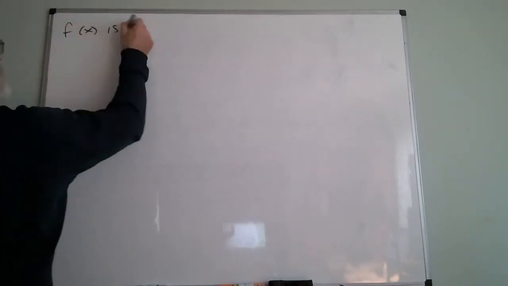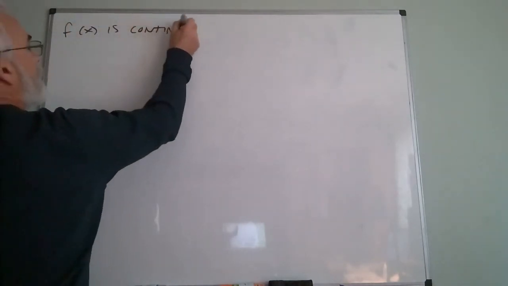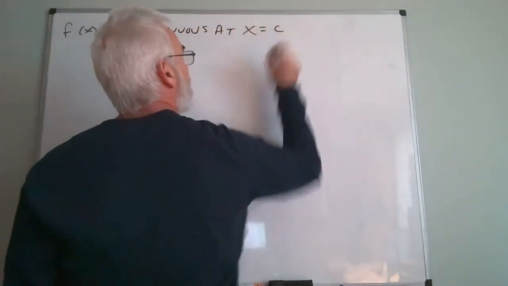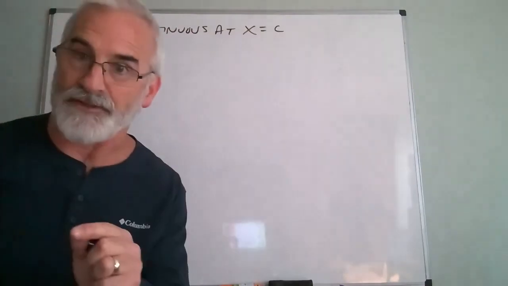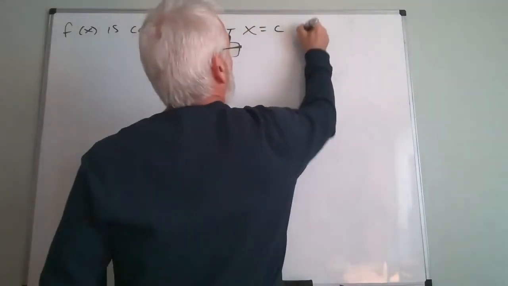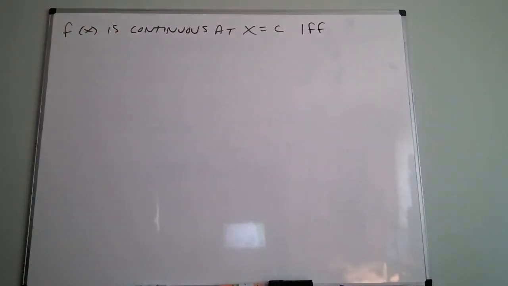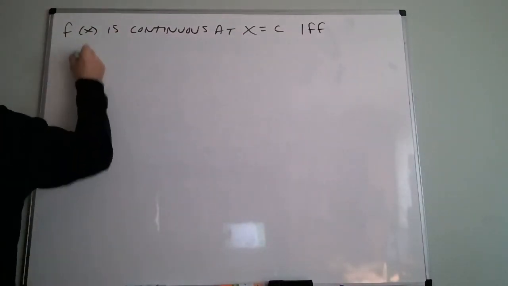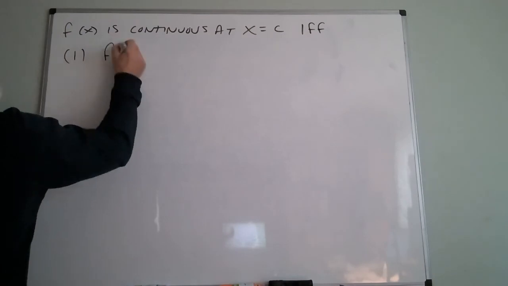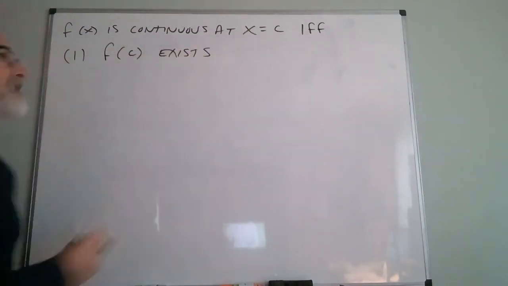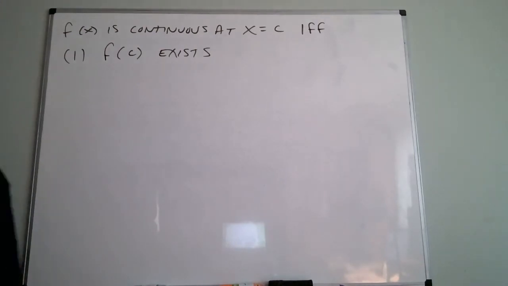We say that f of x is continuous at x equals c, c being a specific value, if and only if, some of you are familiar with this, IFF, if and only if: f of c exists, meaning c has to be in the domain.